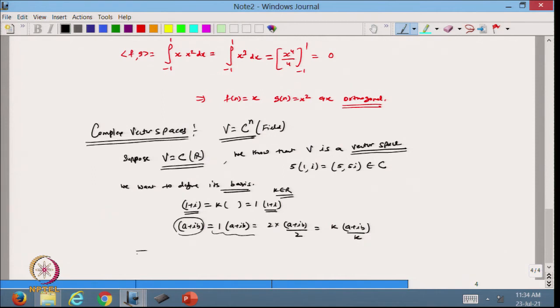Now from here we found that if I take any complex number, it can be created in these ways.